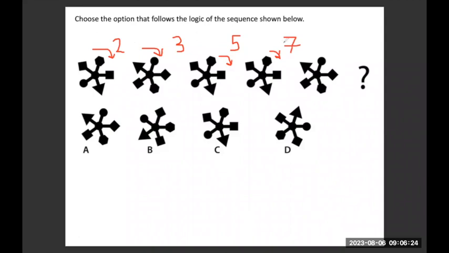So 2, 3, 5, 7, the next number would be 11. 11 would be the next prime number after that. So if I say 11, it shifts 1, 2, 3, 4, 5, 6, 7, 8, 9, 10, and 11. So the arrow in that case has to come in this position here. Of the options where the arrow is in this position is D, which also happens to be the correct answer.